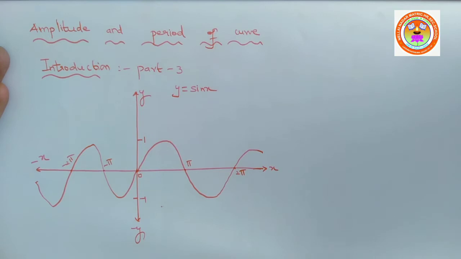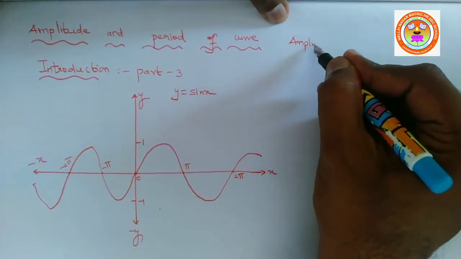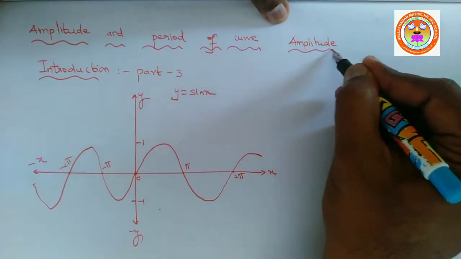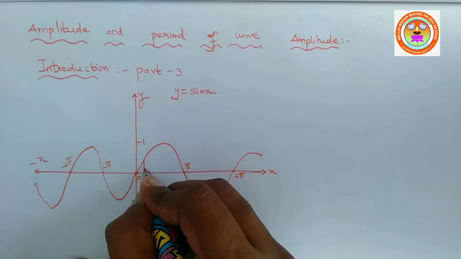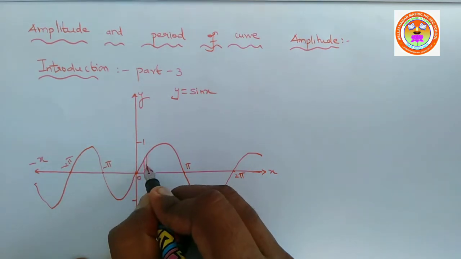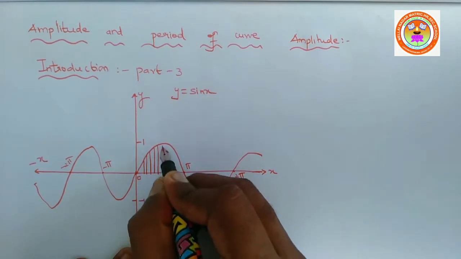So first we are going to see amplitude. What is meant by amplitude? Inside the curve, if I draw a perpendicular line, this is one perpendicular line, this is another, and I can draw some more perpendicular lines from here.